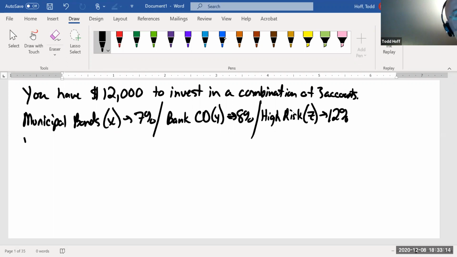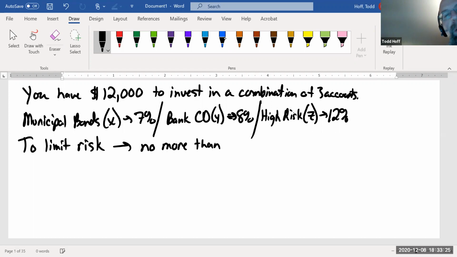To limit risk, we'll put no more than $2,000 in the high risk.